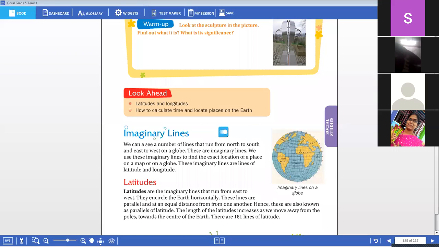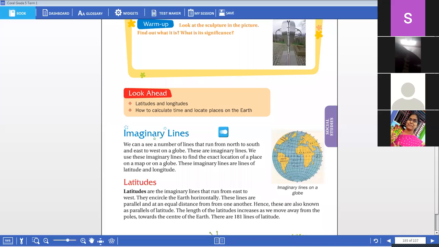All these lines are called imaginary lines, used to find the exact location of a place on a globe. See, children, if you purchase a map also, you can see some readings noted at the corners, at every line or border of a map.